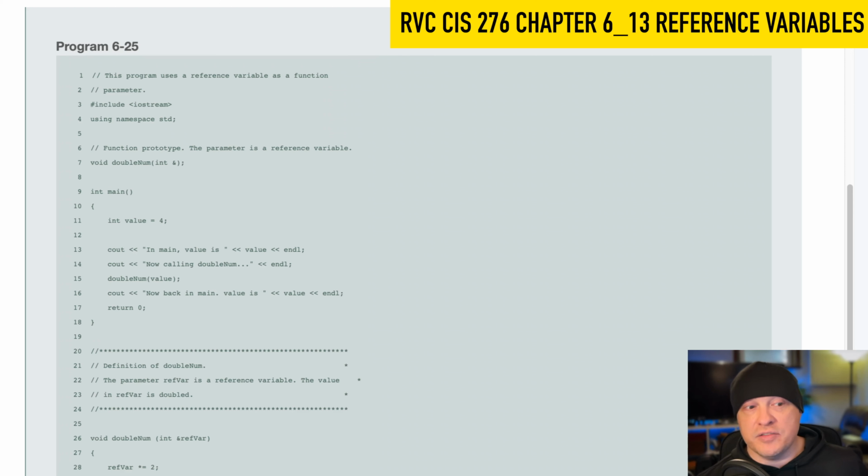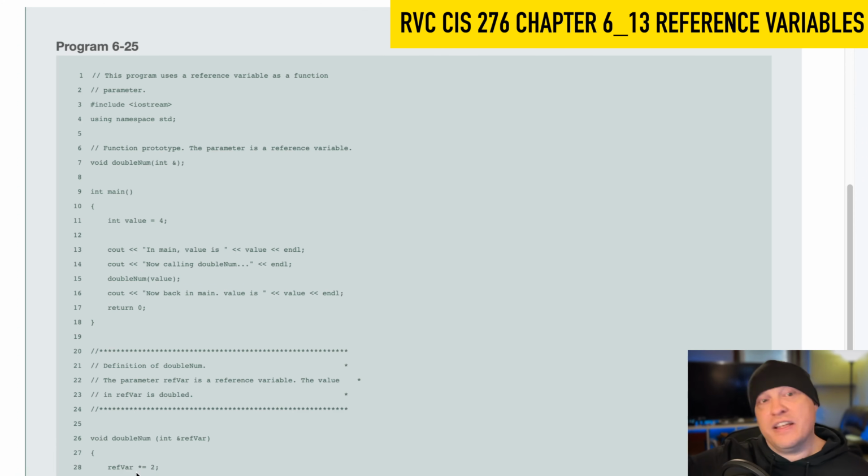Here inside of doubleNum, you can see this is the same function definition that we saw earlier. It takes that reference for value and multiplies it by 2, and we don't have to return anything. The reason we don't have to return anything is, again, because we got the reference.